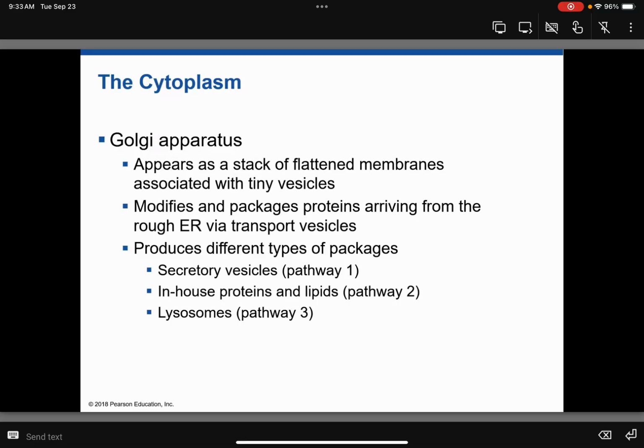Sometimes it's very, very close to your endoplasmic reticulum because it works with it. So proteins can go to the Golgi apparatus, and it can modify and then package those proteins and then send them off to where they need to go.